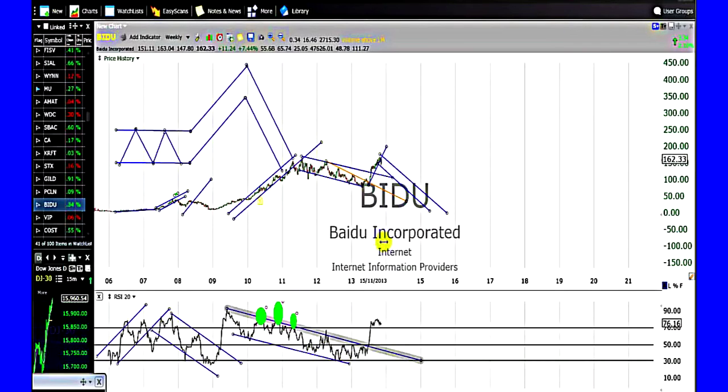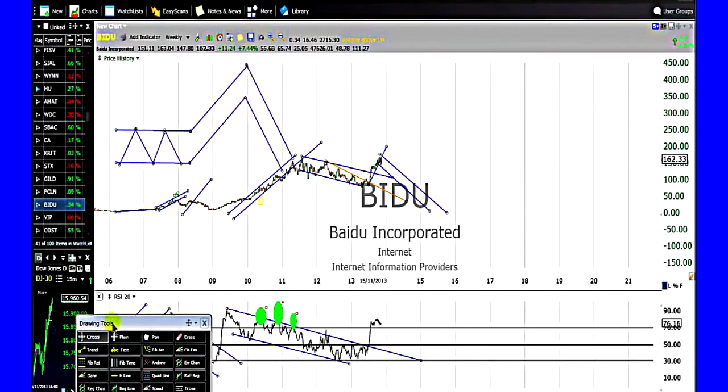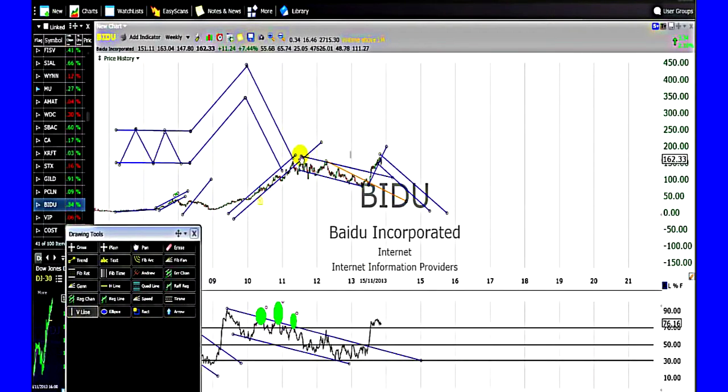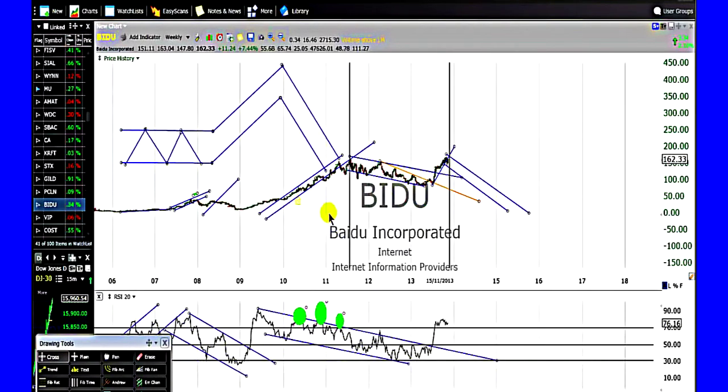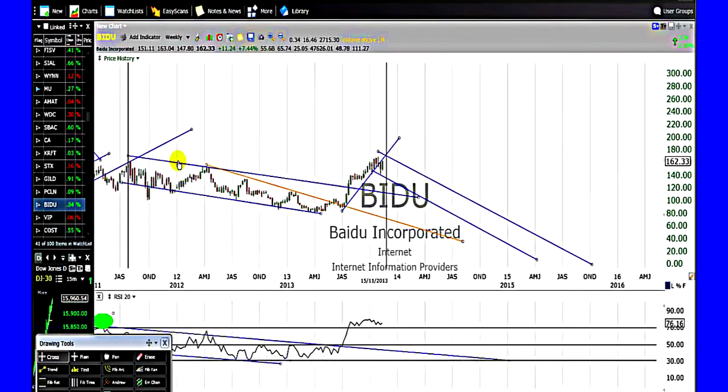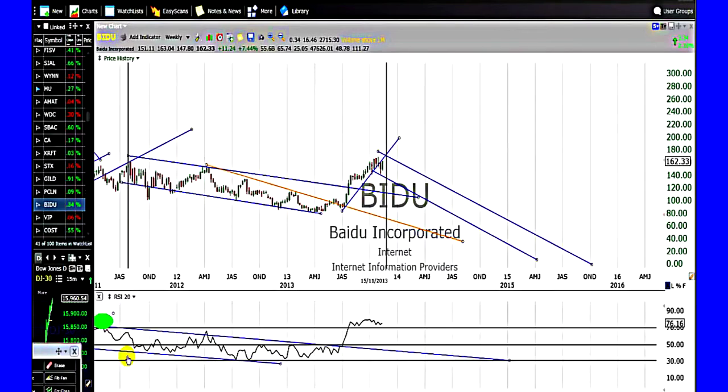As you can see here, from this point onward, where I'm going to put a vertical line, up to where we are today, for this stock, Baidu, a Chinese company. This is Baidu. Those who are Asian know about this Baidu. This is the Google of Asia. So you can see that both the RSI and the price were in harmony.